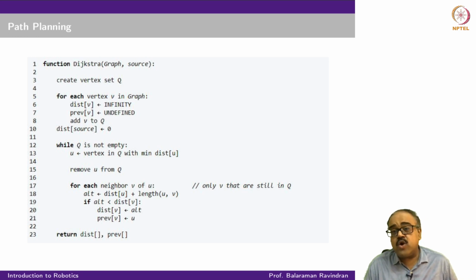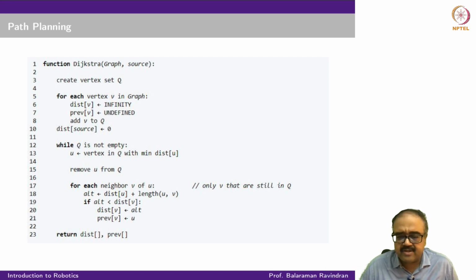For every node in the graph, previous tells me what is the previous node in the shortest path from the source to that node. Suppose I want to look at previous of U. Previous of U will tell me what is the node just before U in the shortest path from the source to U.